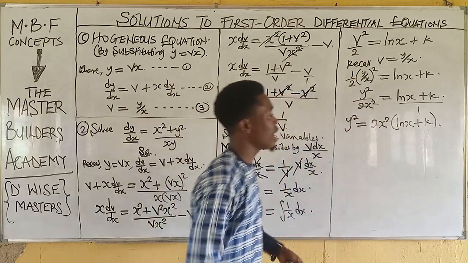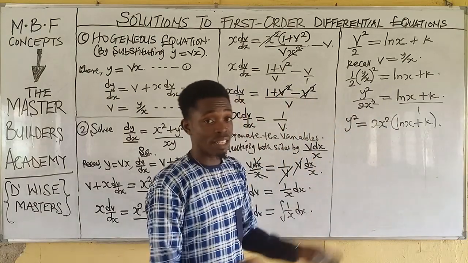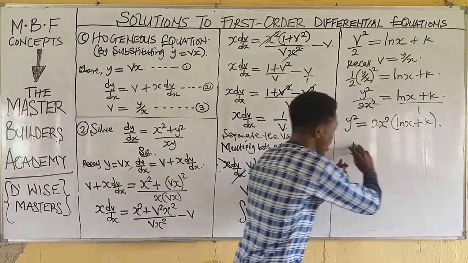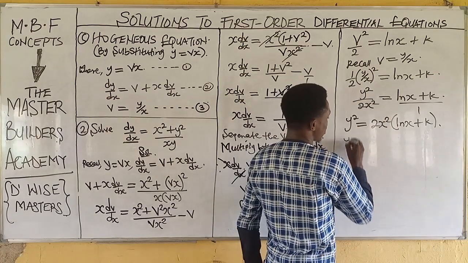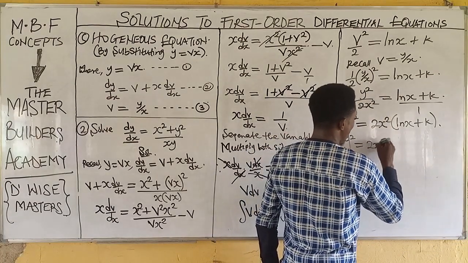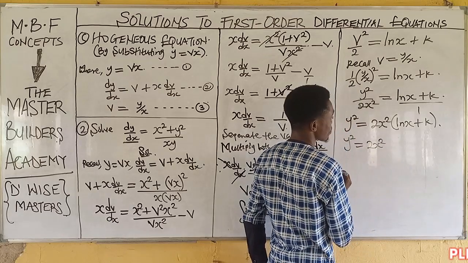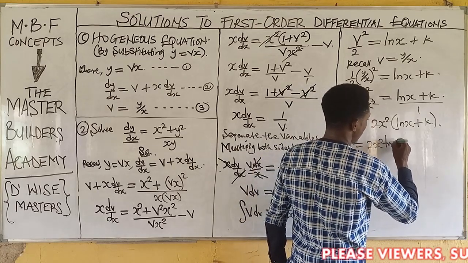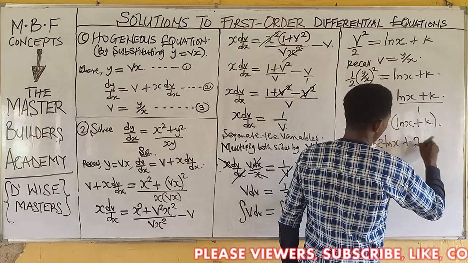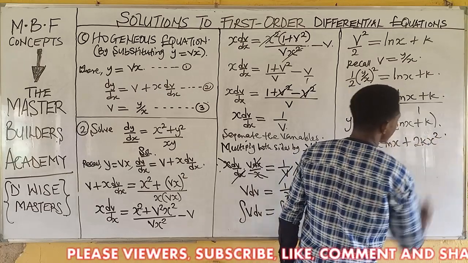You can leave your answer here, you can expand. It's as simple as this. So you can leave your answer here, but let me push it further. So this will have given us y squared is equal to 2x squared ln x plus 2kx squared.